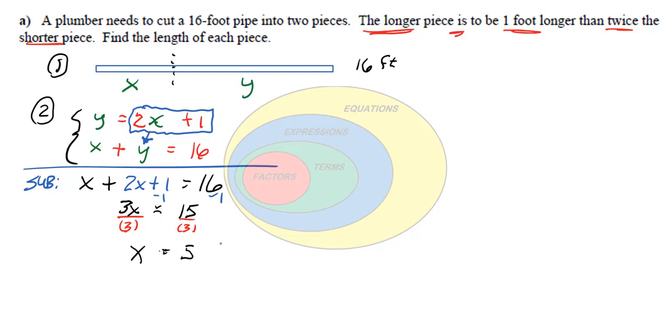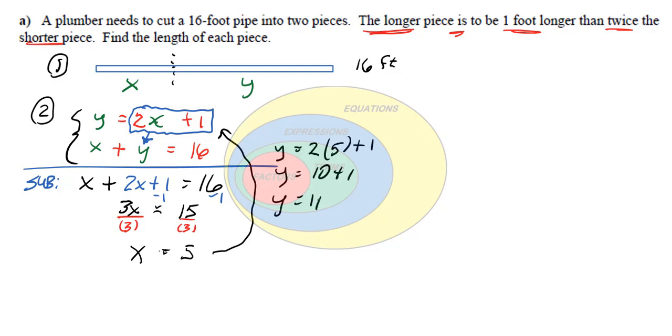As soon as I get x equal to 5, I want to back substitute to solve for y. It looks like y equals 2 times x, or 2 times 5, plus 1. So y equals 10 plus 1, or y equals 11.